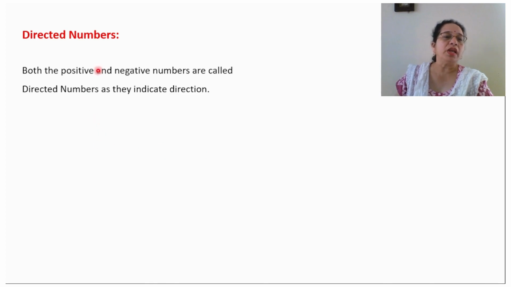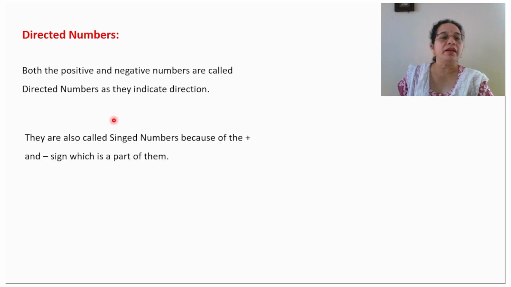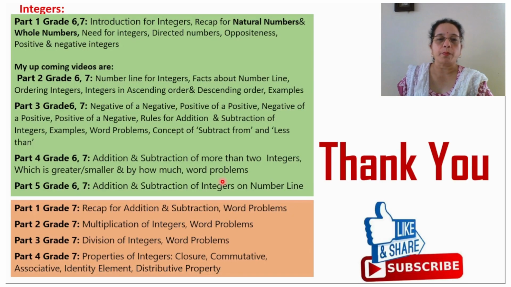So this way the signs indicate the direction. That's why these are known as directed numbers. They are also called signed numbers because of the plus and minus sign which is a part of them. So integers are known as directed numbers or signed numbers also.